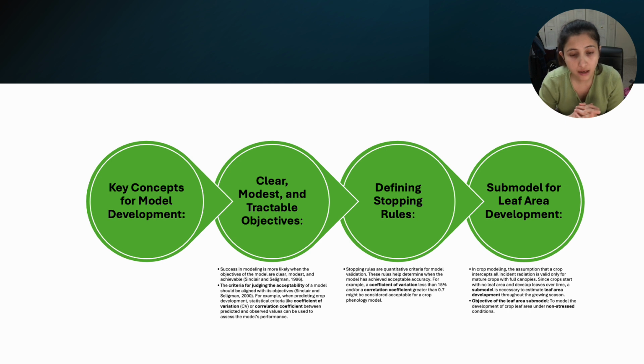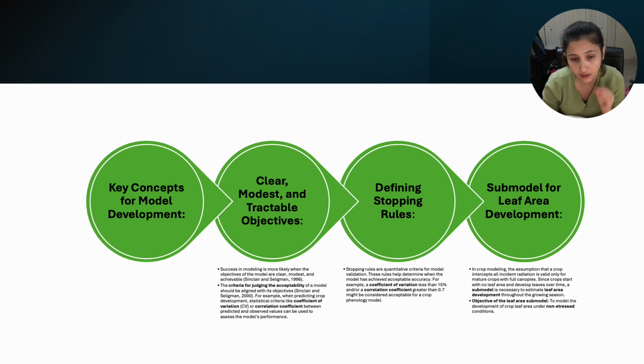And the criteria for judging the acceptability of the model should be aligned with its objective. For example, when we want to predict the crop growth development, statistical criteria like coefficient of variation or correlation coefficient between the predicted and observed values can be used to assess the model performances.